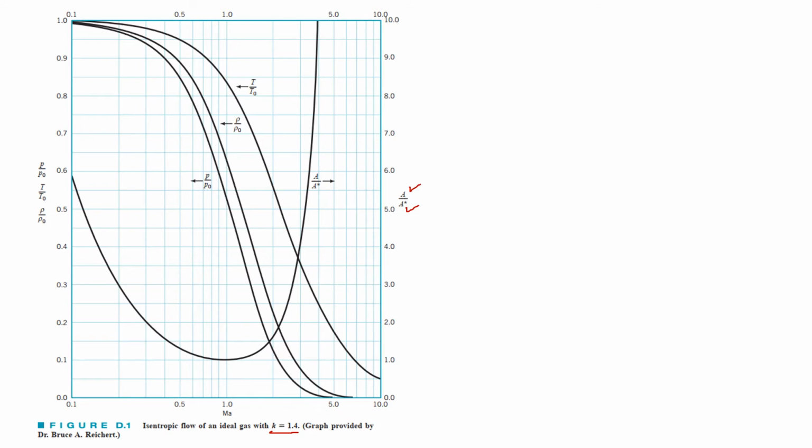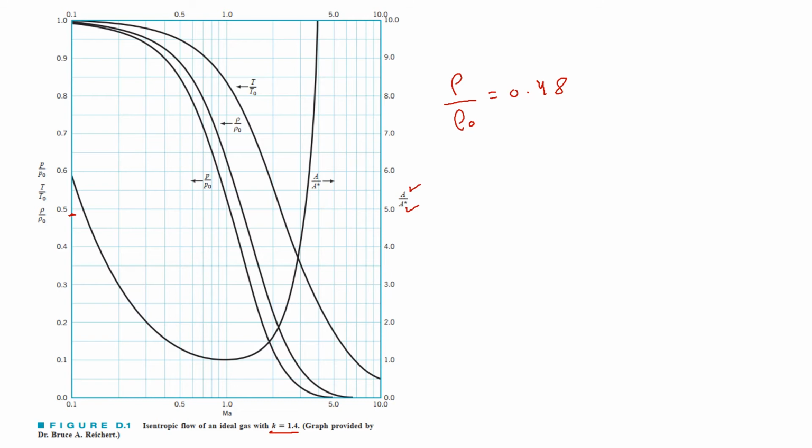For example, let's say that I solve a problem and I get the rho over rho naught value as 0.48. So I will mark 0.48 here.